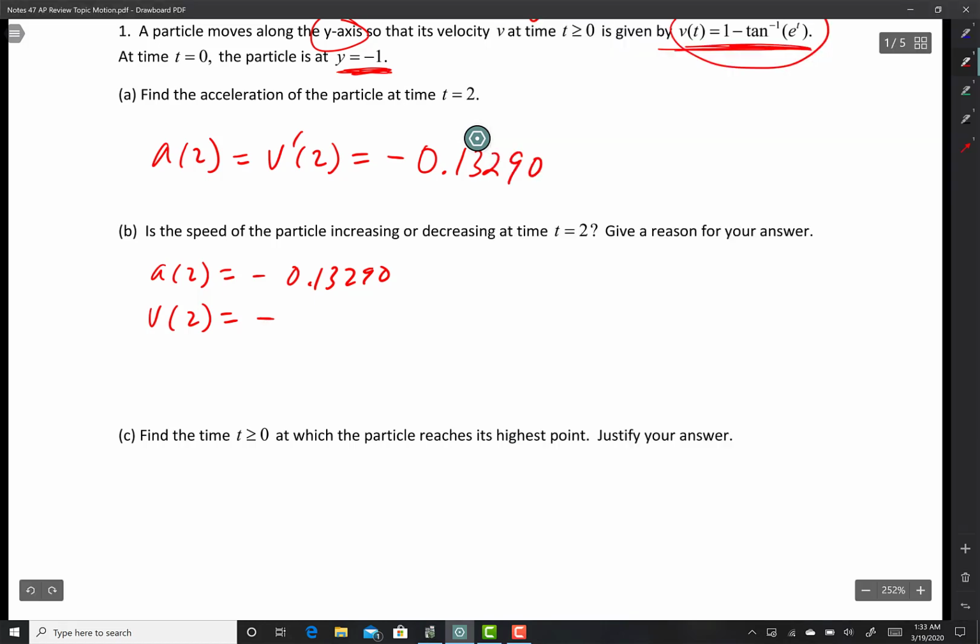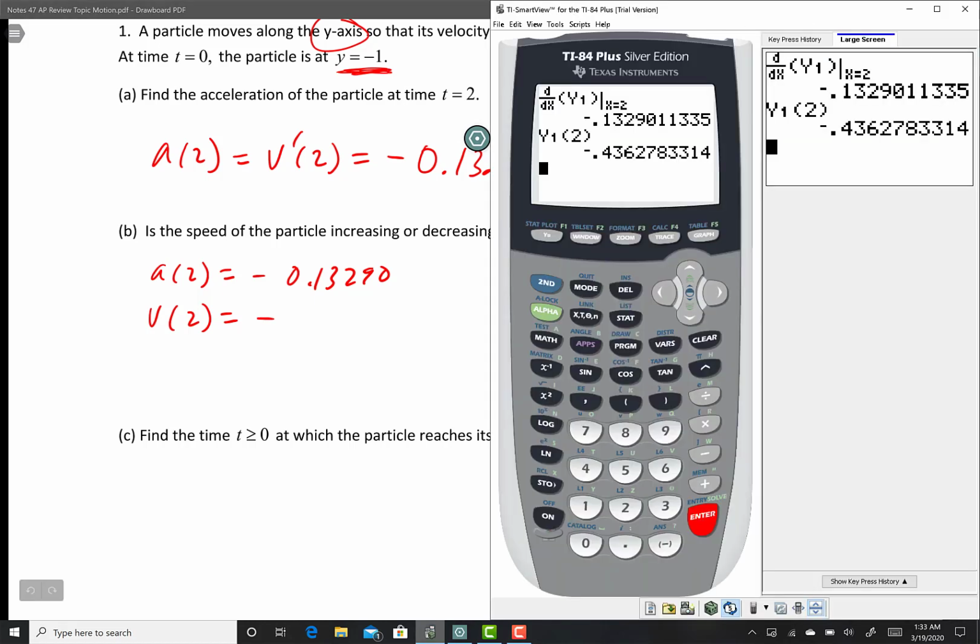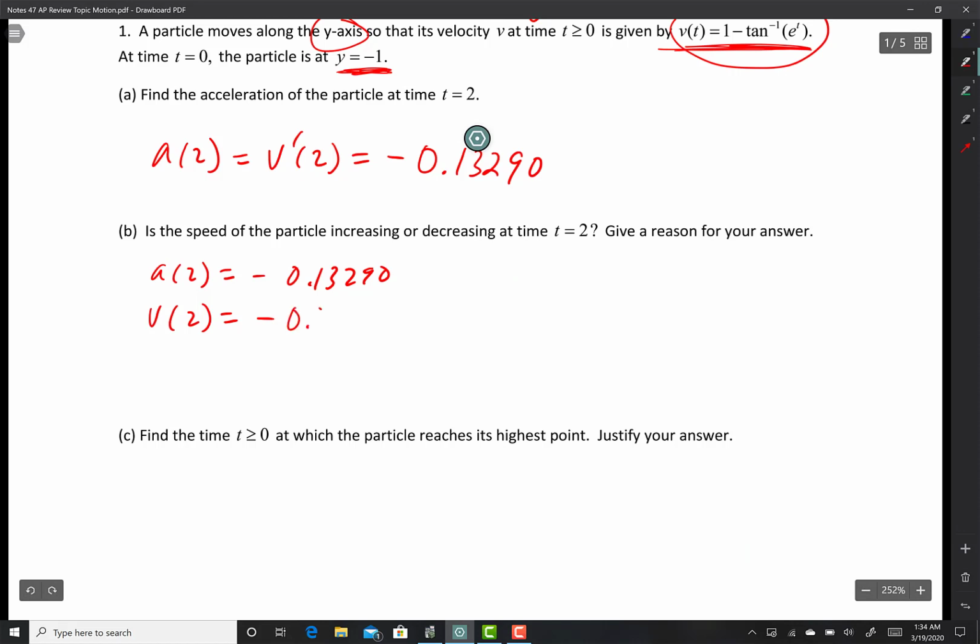And it's a negative, what is it? Negative 0.43627. Because acceleration and velocity have the same sign, the speed of this particle is increasing.